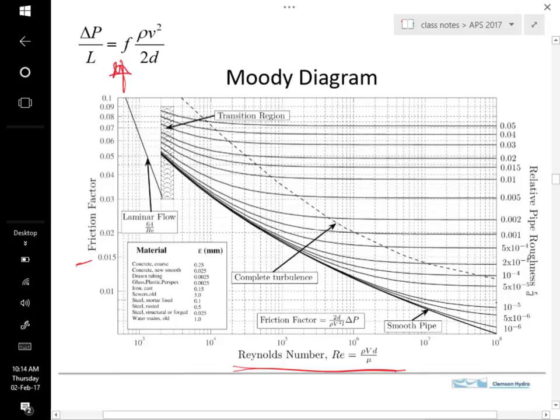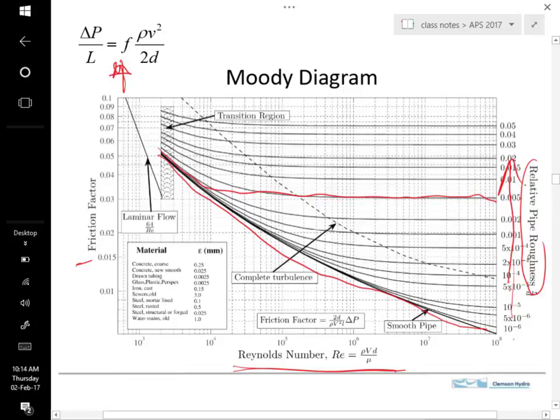So this curve here, that's for a smooth pipe, and then these curves here are for a rough pipe, and the pipe roughness is characterized here along this axis. So the pipes are getting rougher in that direction.